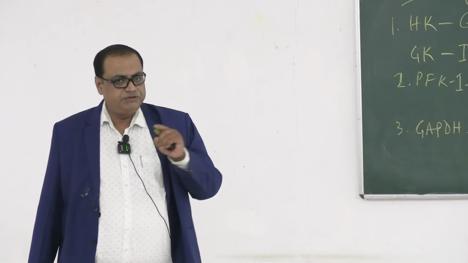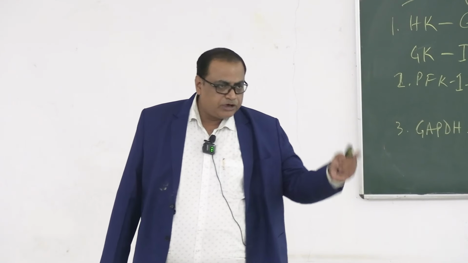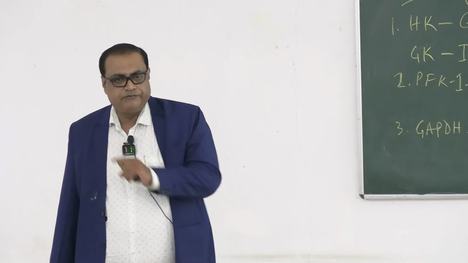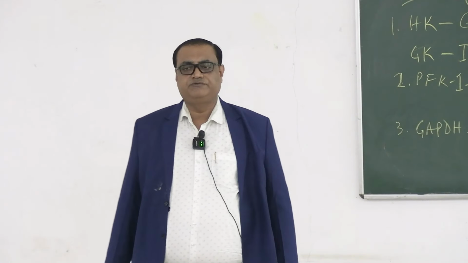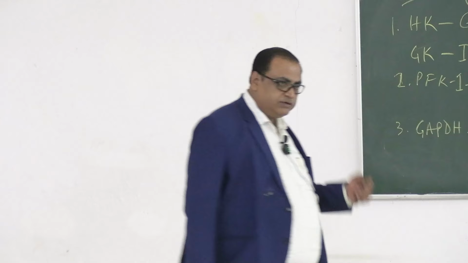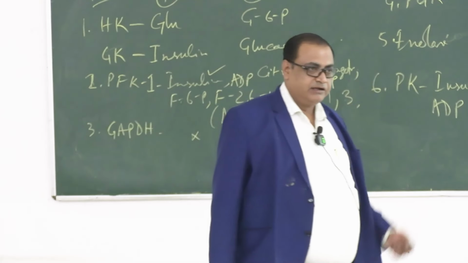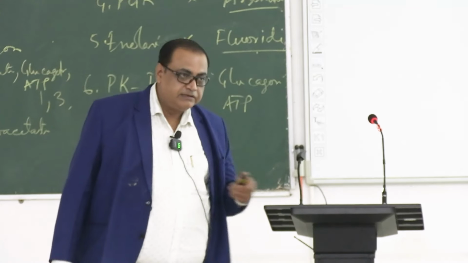More fructose 2,6-bisphosphate, more activity of PFK1, more and more fructose 1,6-bisphosphate is produced. That is how insulin regulates PFK1, not directly, indirectly.